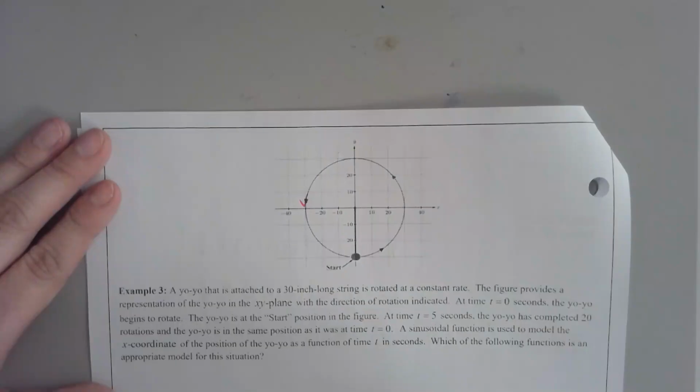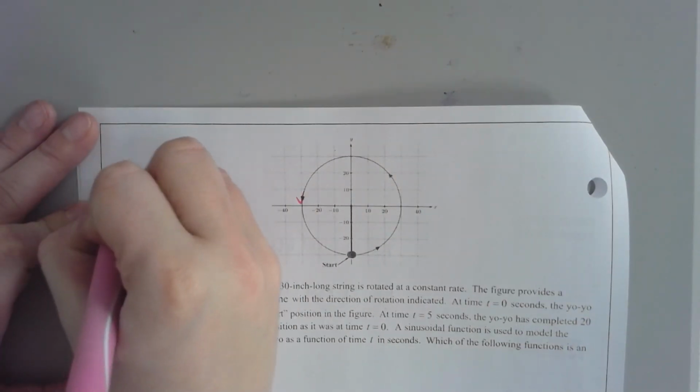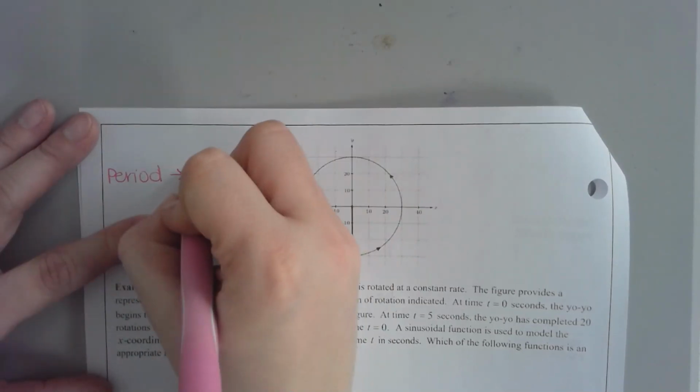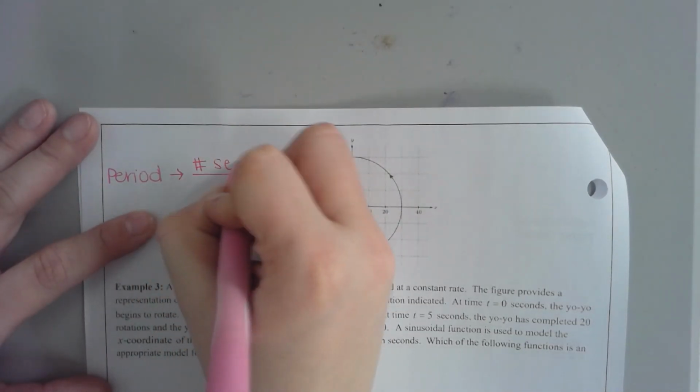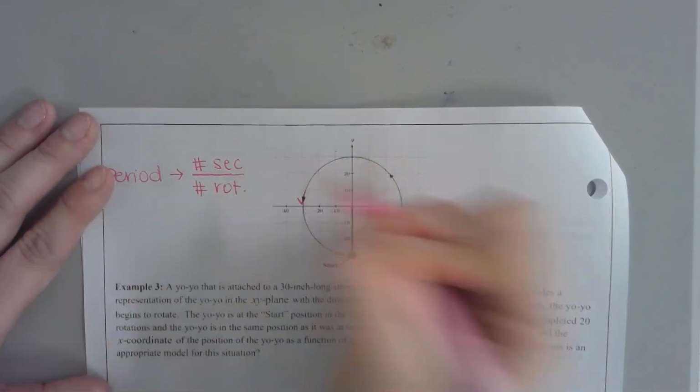And what you can kind of do, this is going to give you your period. It's really your number of seconds divided by your number of rotations.